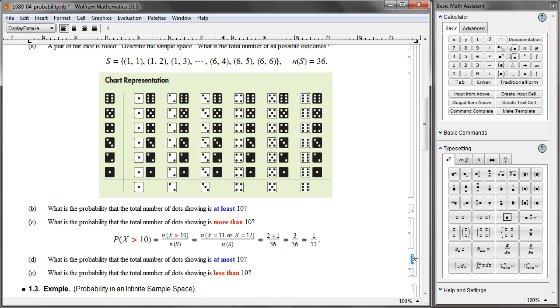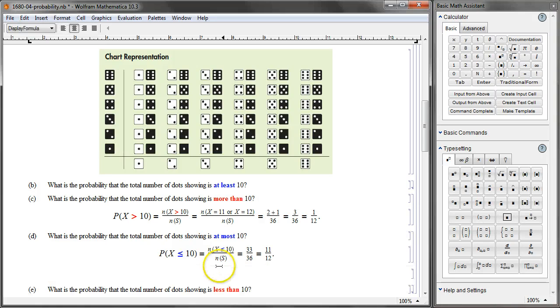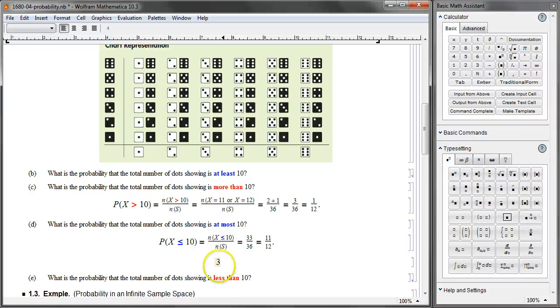Likewise, we can consider at most 10. At most 10, that means 10 is included. So 2, 3, 4, 5, 6, all the way up to 10. Count them all, you're going to get 33. Or, clever students will do something like this. Out of total 36, we did this computation for more than 10, and there were 3.